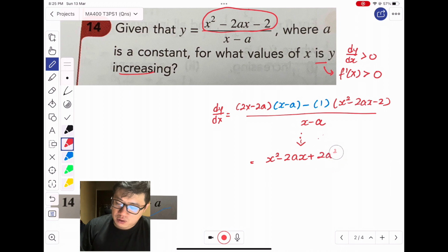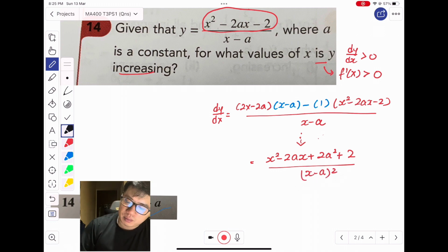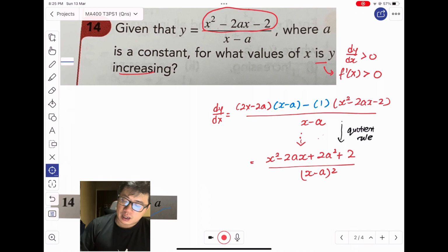Now, this will give you eventually (x squared minus 2ax plus 2a squared plus 2) over (x minus a) squared. From this part to this part, you're just using the quotient rule of differentiation and simplifying your numerator by bringing the terms together.